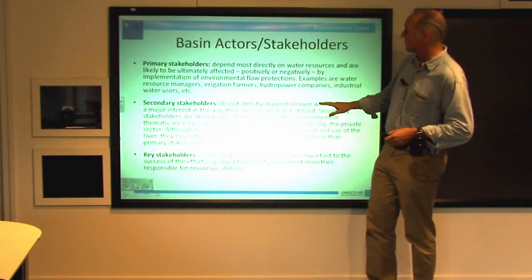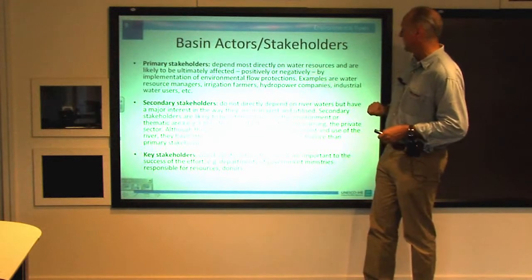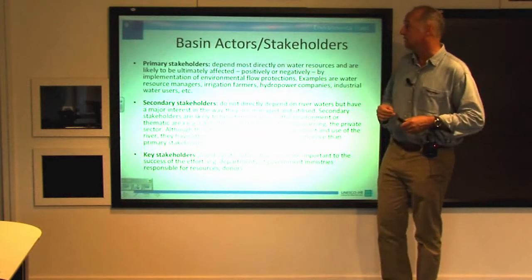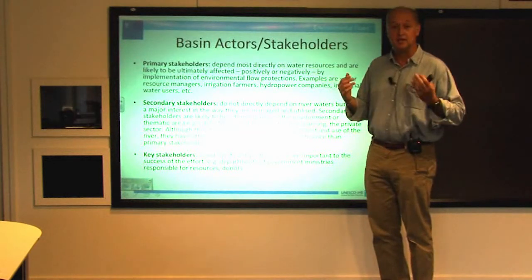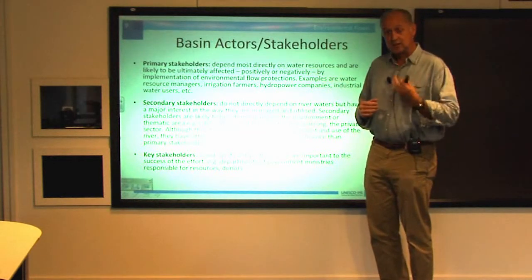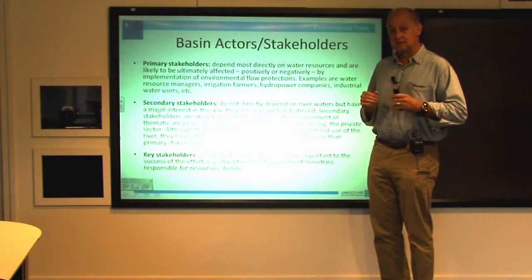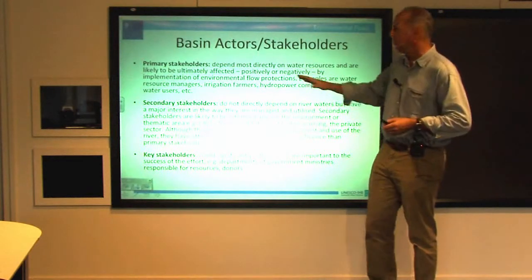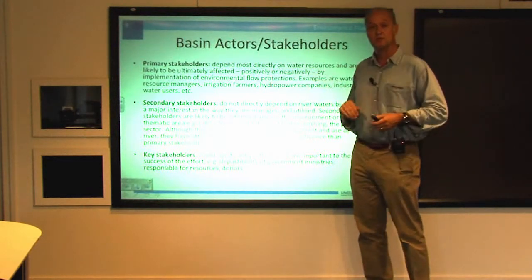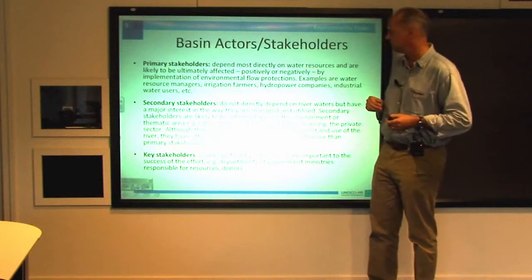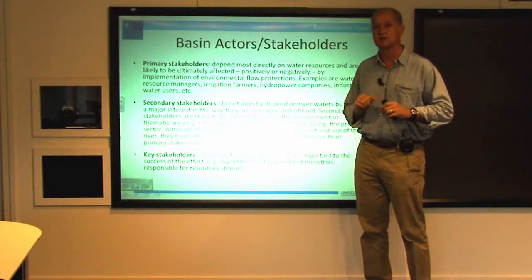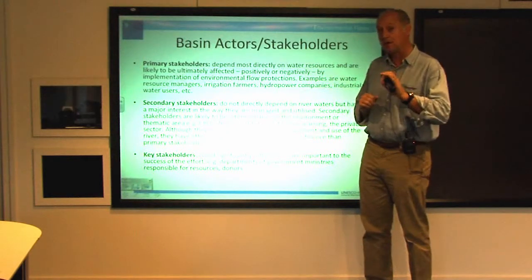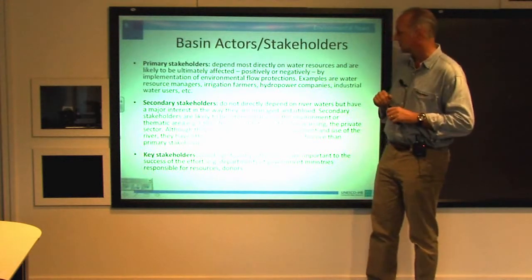Those primary stakeholders are those who depend most directly on the resources and are likely to be affected by any changes. And they're also the government agencies that are directly responsible for management of those resources. So this would include the water users in the river basin where we're planning to develop our project, and also the government agencies directly responsible for the management of water and those closely related resources.